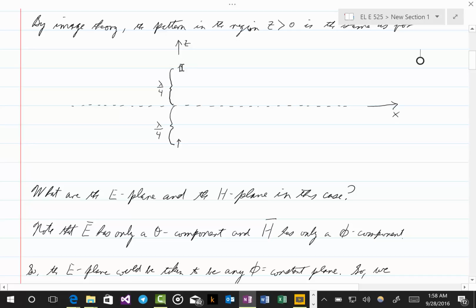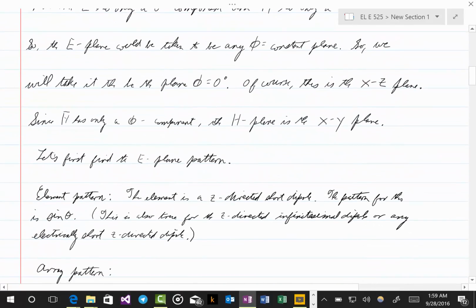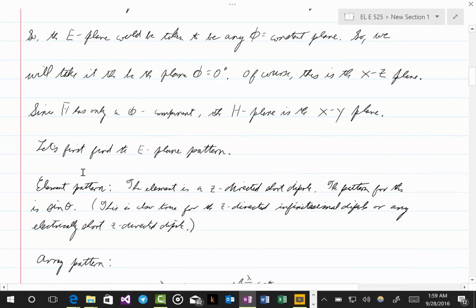The elements here are short dipoles. They're all the same, so the element is a single short dipole in the z direction, and that's repeated here. The element is a z-directed short dipole.